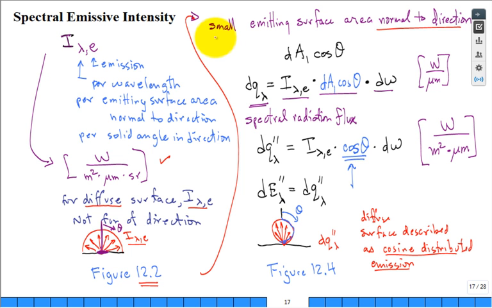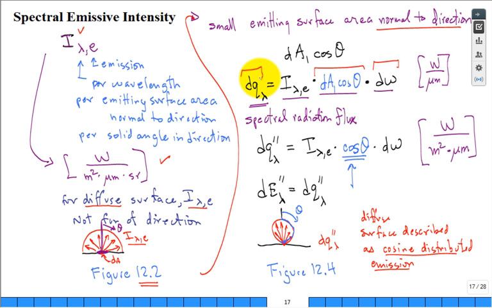Now for a small emitting surface area, which is centered right down here, think of a little dA right there, the intensity multiplied by the cosine of theta gives me that projected area back. If I multiply this intensity by the projected area of the surface, and then I have a certain solid angle in that direction, then this is the spectral radiative flux.